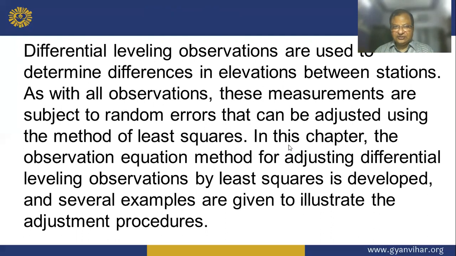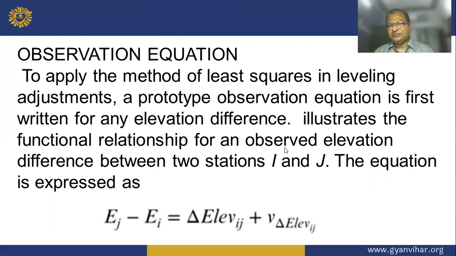In this chapter, the observation equation method for adjusting differential leveling observations by least squares is developed, and several examples are given to illustrate the adjustment procedure.